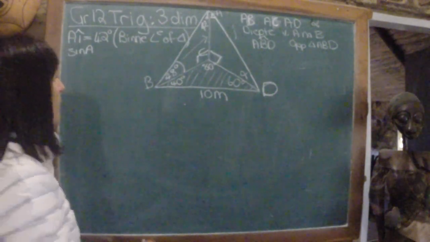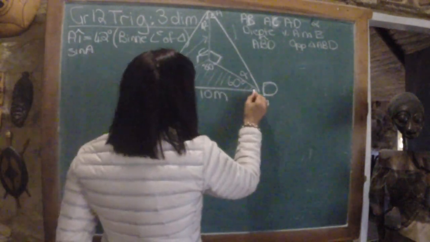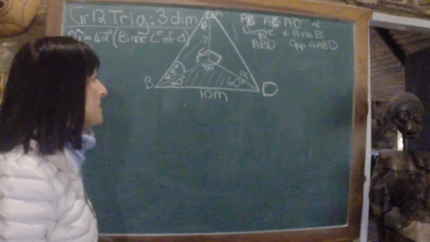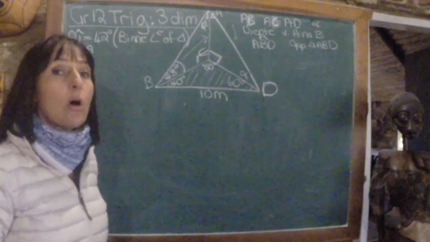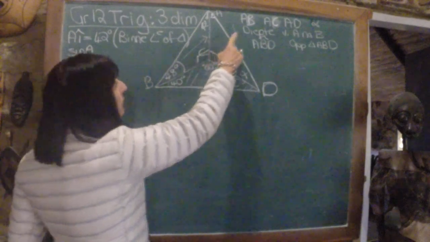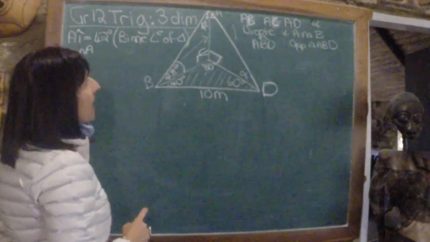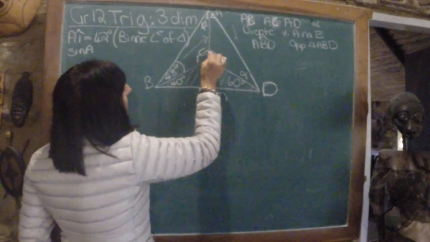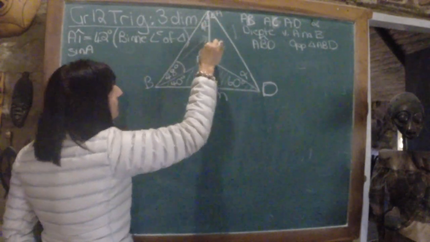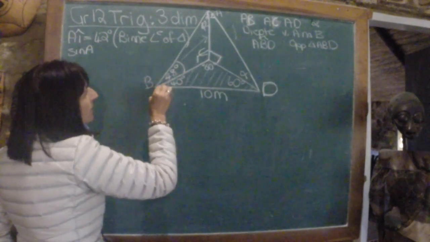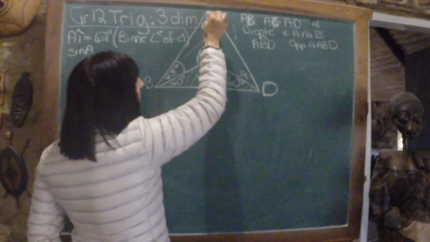Okay, so now we've got only one length, BD, of 10 meters, and the first question that's being asked is to determine the length of AB, AC, and AD. If you look at AB, it's that lateral triangle that's sitting vertical on the horizontal plane, that one.